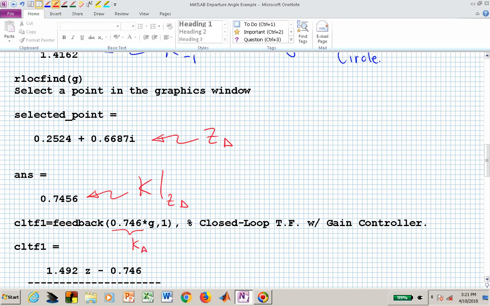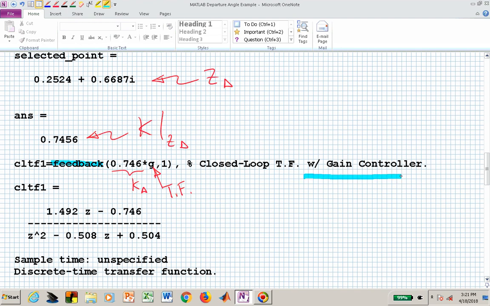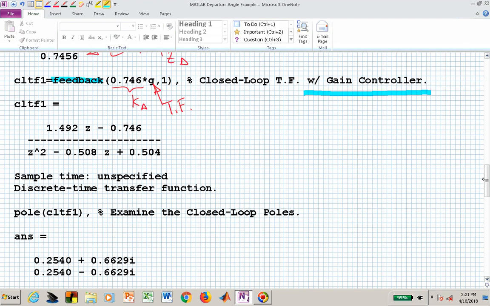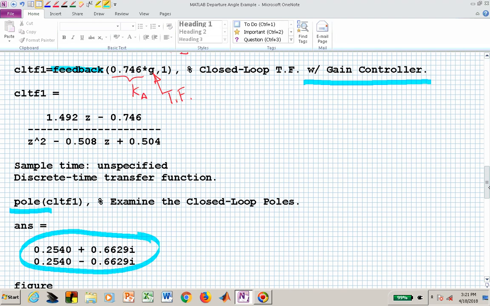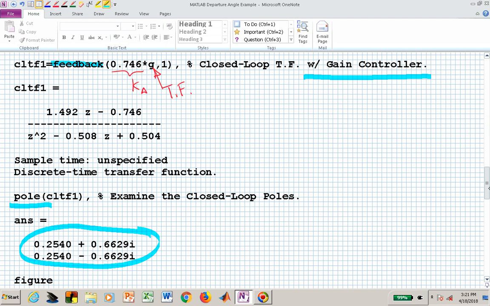and I can use that gain here to scale my transfer function G of the open loop plant to generate, using the feedback command, a closed loop transfer function with just a gain controller. Here's my closed loop transfer function. I went ahead and calculated the poles of that closed loop transfer function, and in fact they are what I hoped they would be.